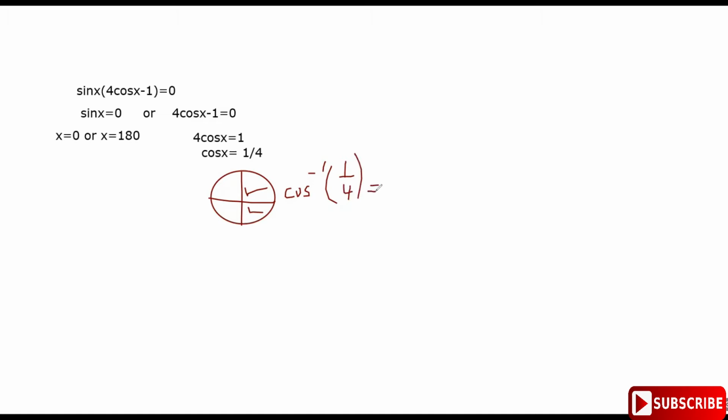So cos inverse of a quarter is 75.5 degrees.